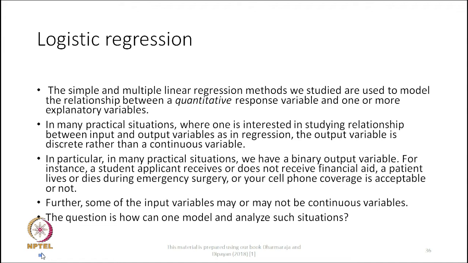Further, some of the input variables may or may not be continuous variables. The question is how can one model and analyze such situations? That means two things: the output variable is of the binary form, and the input variables may or may not be continuous variables.